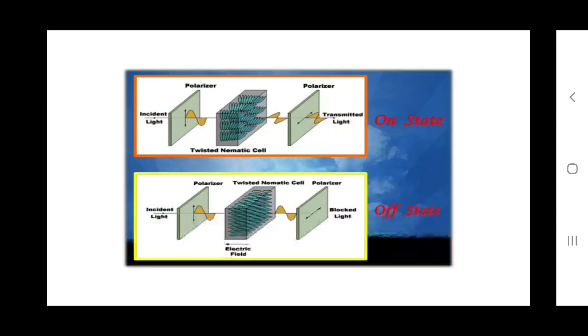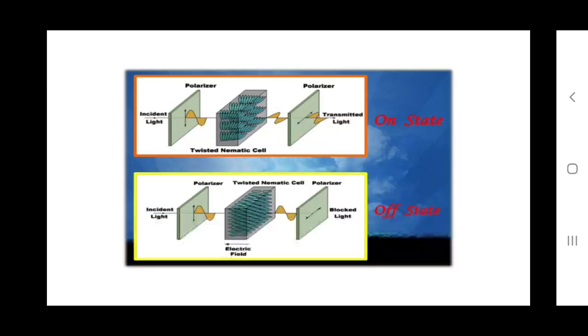Here I am showing how the polarizing effect is done and how the light is transmitted. Coming to this slide, we can see the on state and off state. In the on state, the incident light moves from a polarizer, where we can see the vertical line placed in a vertical direction, and it shows a waveform in the polarizer.